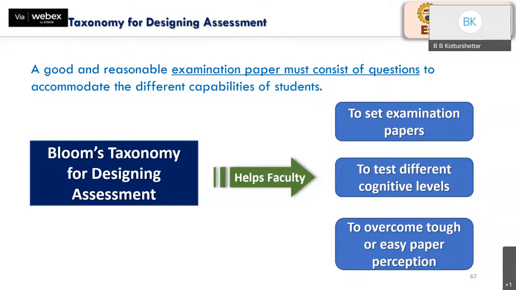If we make things clear to students as to what is the highest level that I am testing the student for in the examination, say analyze level or evaluate level, then obviously the student comes prepared for the exam and he will be able to answer all the possible questions, and thus the question of tough paper or easy paper doesn't arise, where now the student is fully aware that he is going to be tested for his knowledge or his ability to think, his ability to interpret, his ability to express, and he does that exactly.